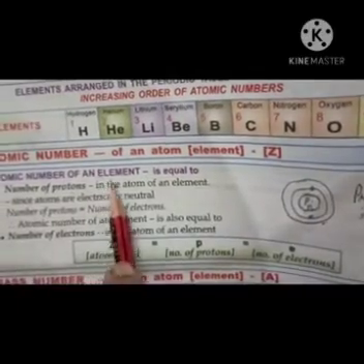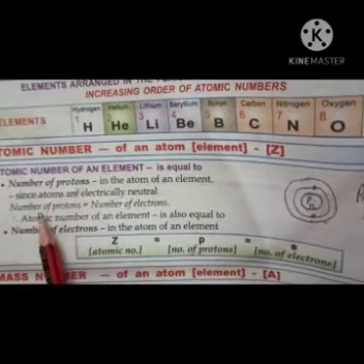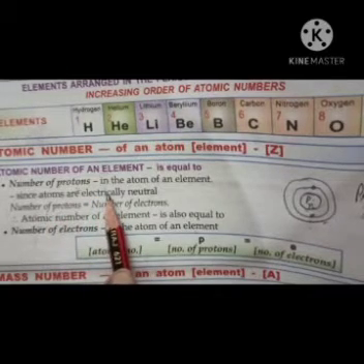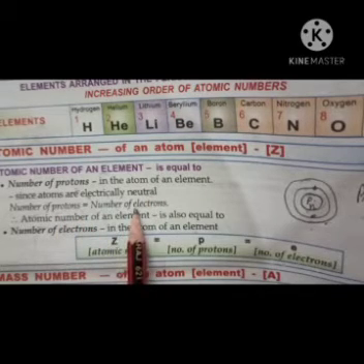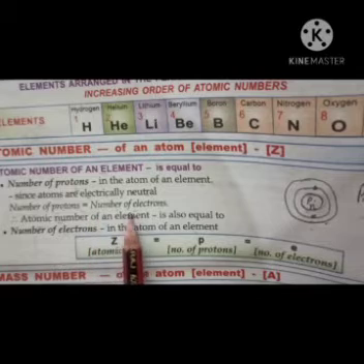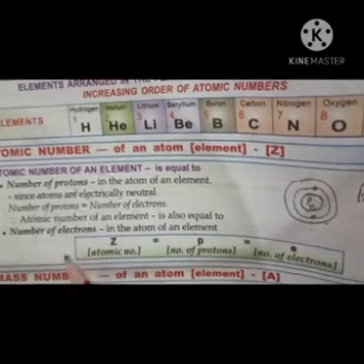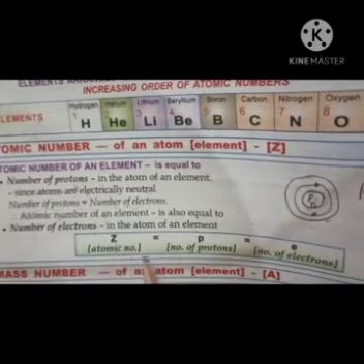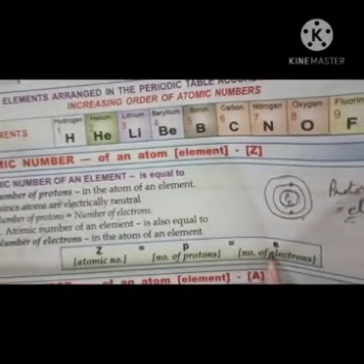The atomic number of an element is equal to the number of protons, and since an atom is electrically neutral, the number of protons equals the number of electrons. So the atomic number of an element is also equal to the number of electrons, and atomic number is denoted by Z. So Z is equal to the number of protons, which is also equal to the number of electrons.